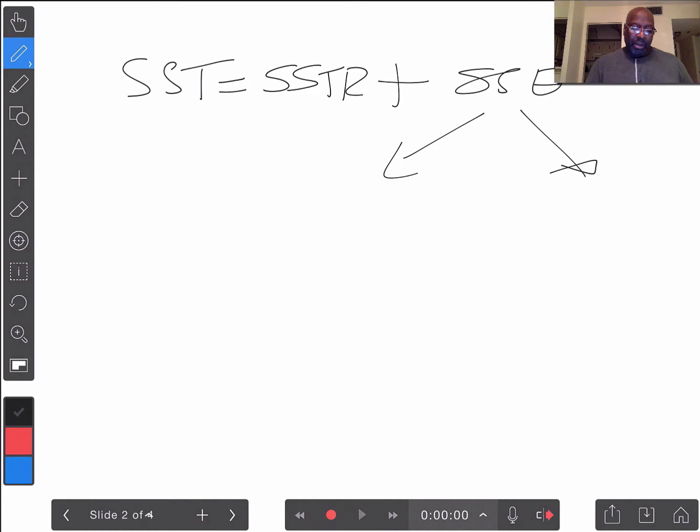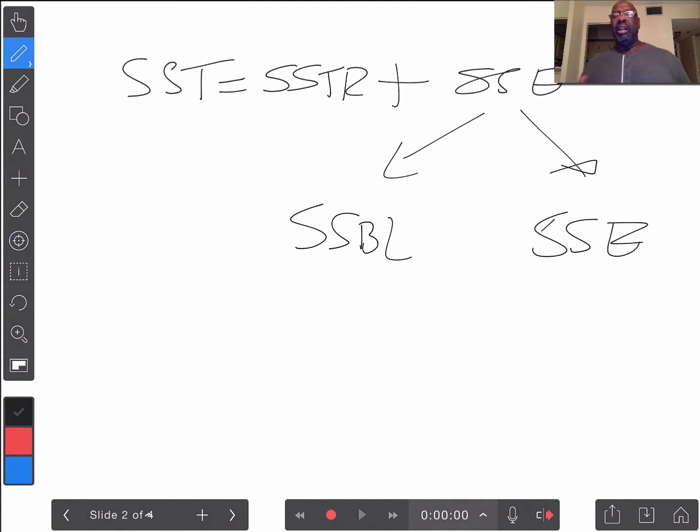So the part that was the error term, we can further refine and take out variation due to the cars. In this case, the cars are the blocks. So we separate that into SSBL, sum of squares due to the blocks, and what's left, we still refer to as SSE, the error, what is unexplained. We may as well call it the unexplained variation.